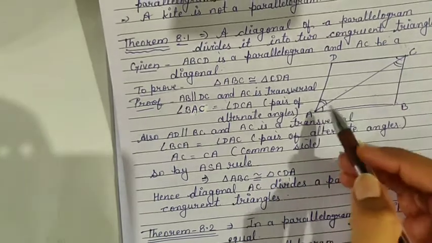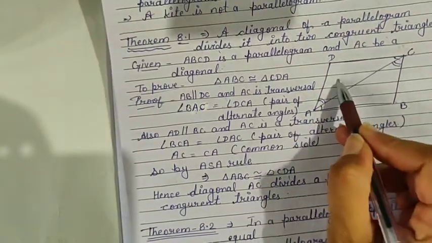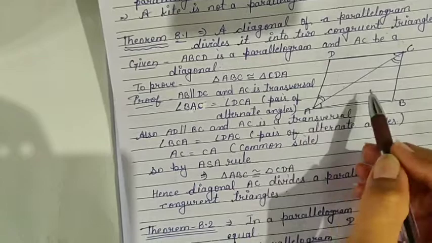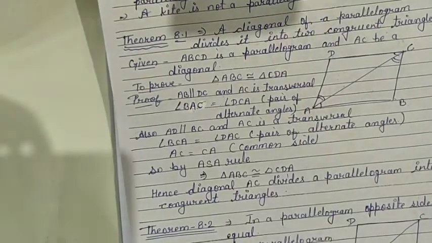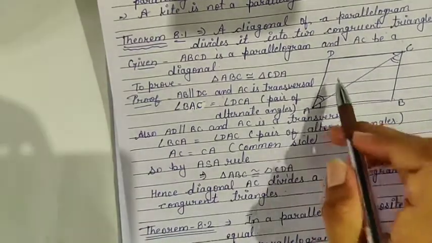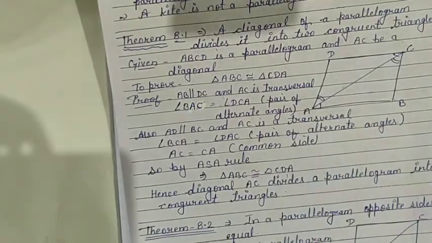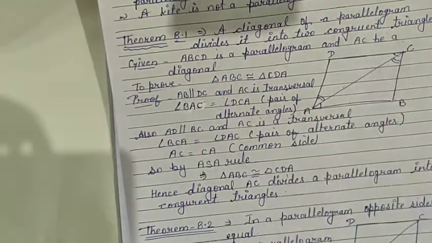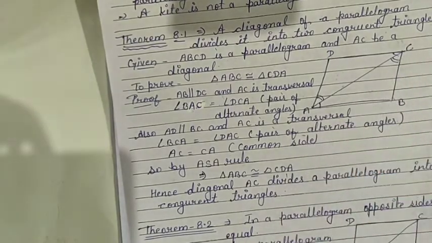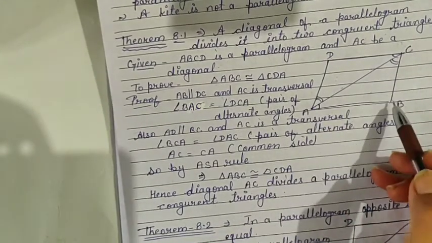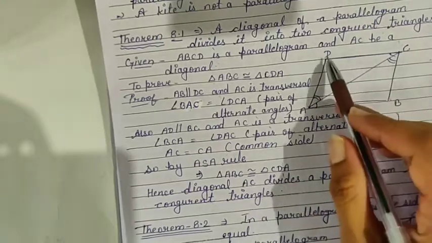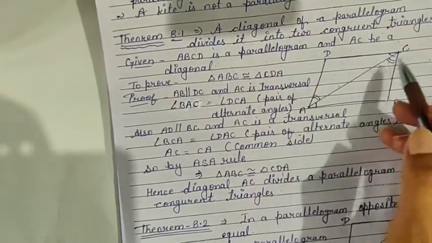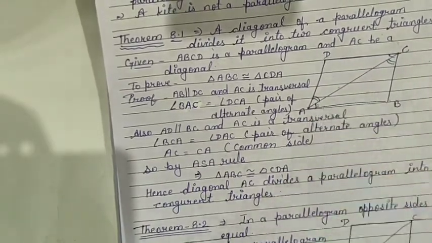So let's see. This is triangle CDA and this is triangle ABC. Now we will prove these two triangles congruent. Firstly, AB is parallel to DC and AC is a transversal. It means angle BAC equals angle DCA, because they are alternate angles.